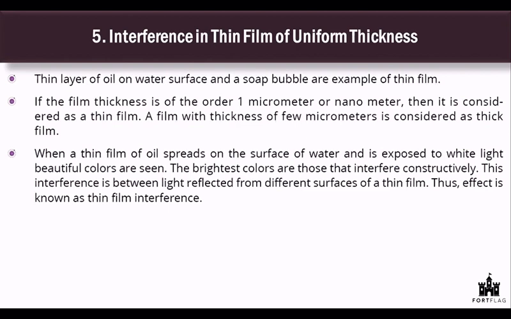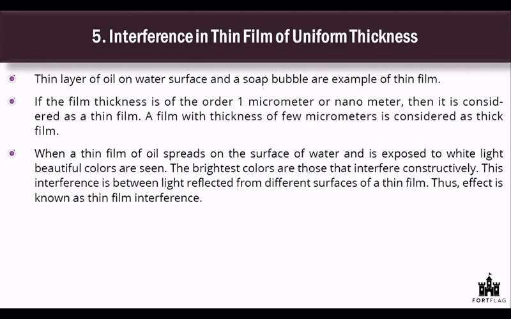So interference due to thin film of uniform thickness: an example is oil on the water surface, and soap bubbles are also examples of thin film. You must have observed that whenever oil is floating on water, you can see different colors. Or if a soap bubble is in the sunlight, you will observe colorful soap bubbles.